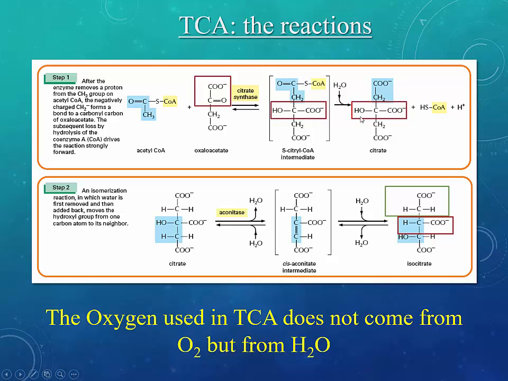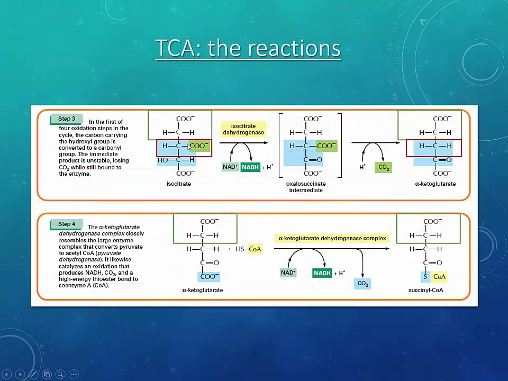We don't actually know, but let's just say that it is. Then, when we go from citrate to isocitrate, what I want to show you is that there is a carbon coming off possibly of the acetyl-CoA from the previous cycle.